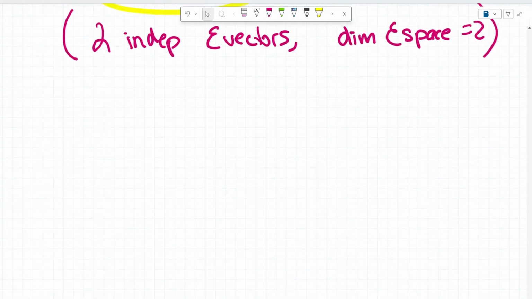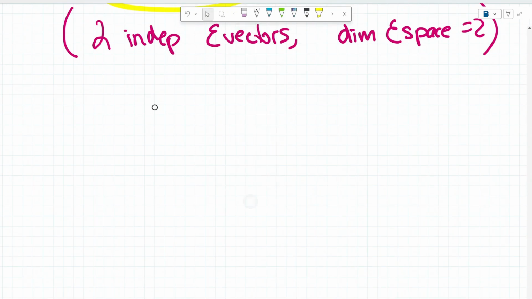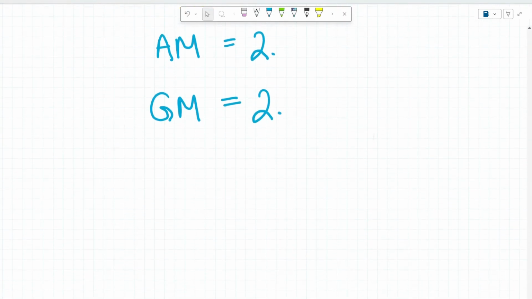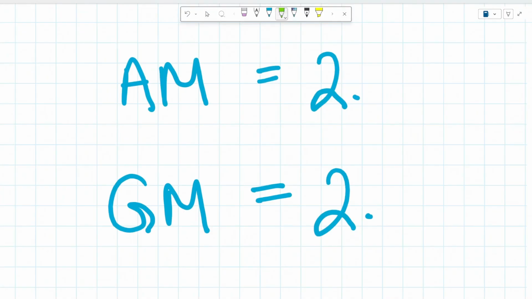So for this example, let's analyze everything that we have. We said that our algebraic multiplicity equals 2, and our geometric multiplicity equals 2. Algebraic multiplicity is always going to be greater than or equal to geometric multiplicity. That's just a fact of mathematics for you.